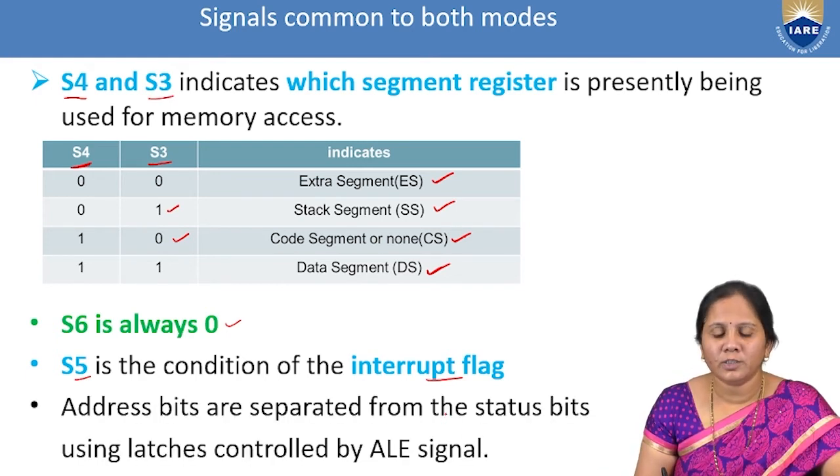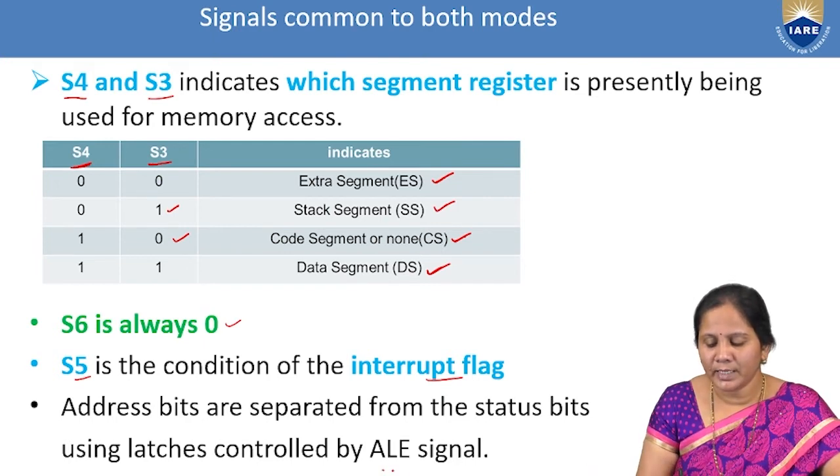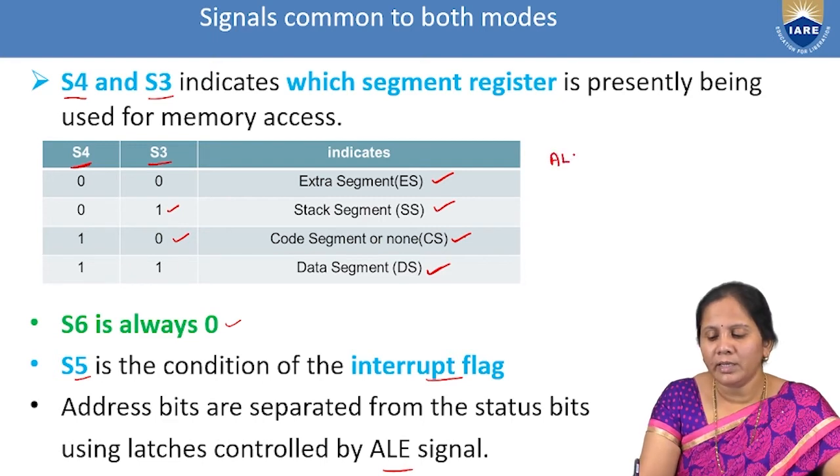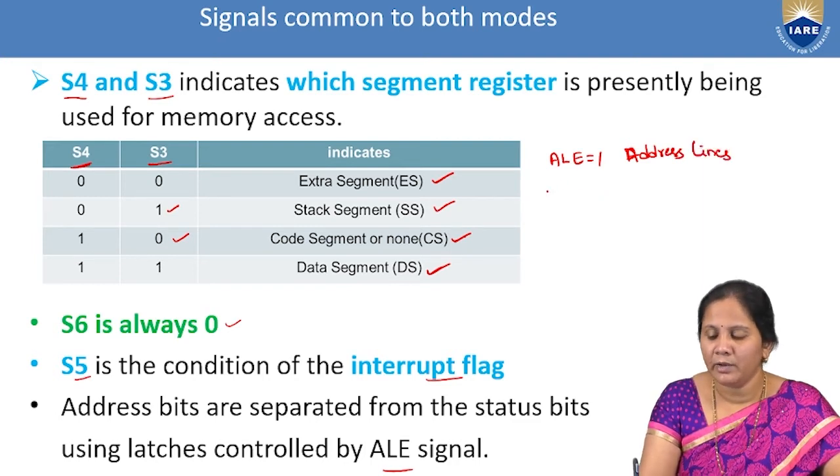Since these address and status lines are multiplexed lines, in order to demultiplex them, the same ALE signal will be used. When ALE is 1, they will be acting as address lines, carrying the address. When the ALE signal is 0, they will be carrying the status information.